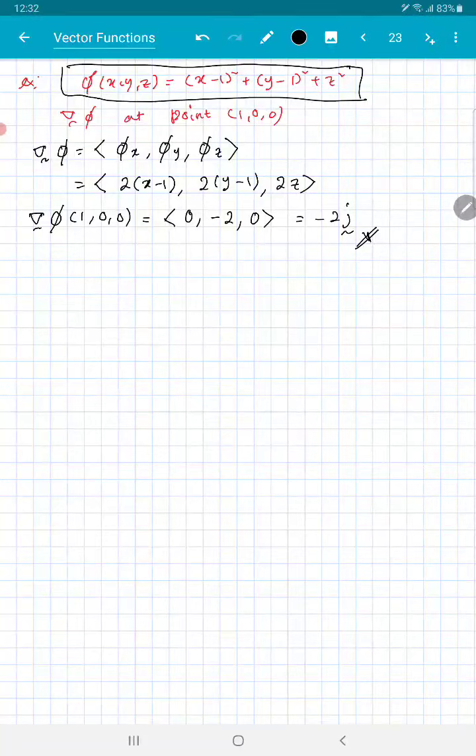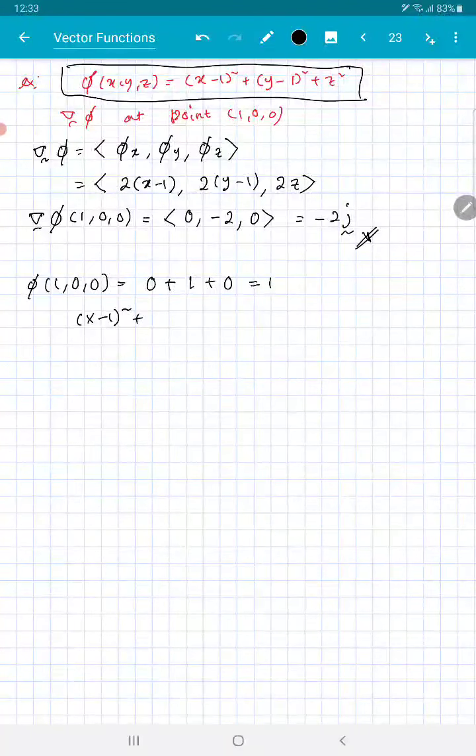Now let's look at our example again. This is our function phi. Point (1, 0, 0) would be our (x naught, y naught, z naught). When we replace x with 1, that gives us 0. Replacing y with 0 gives us 1, and z with 0 gives us 0. So here we end up with the equation (x minus 1) squared plus (y minus 1) squared plus z squared equals 1.